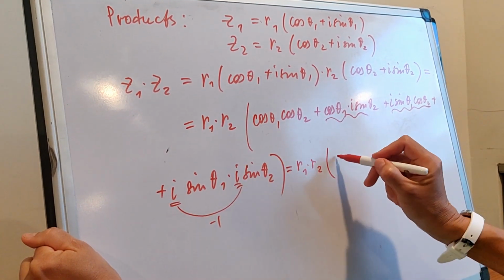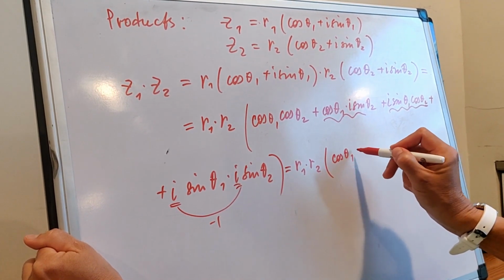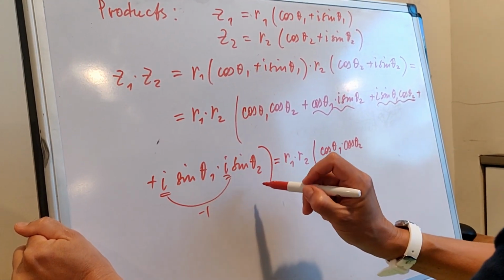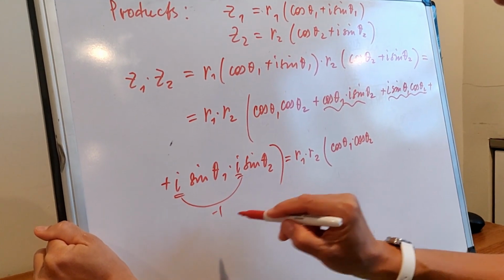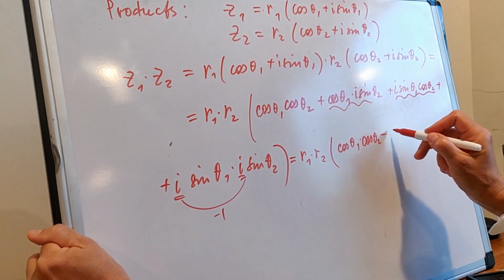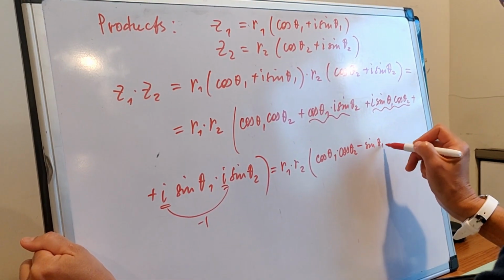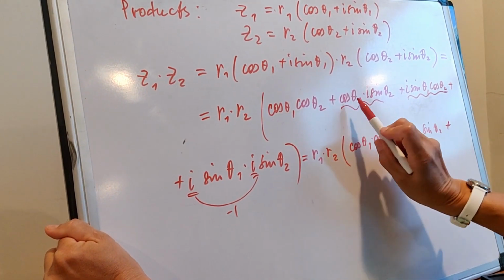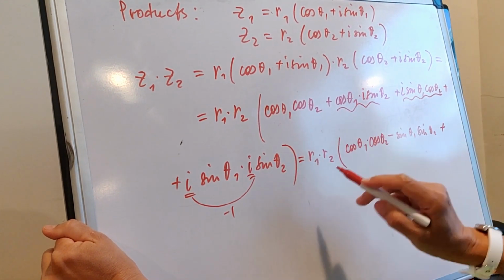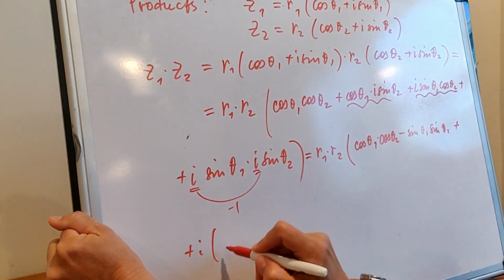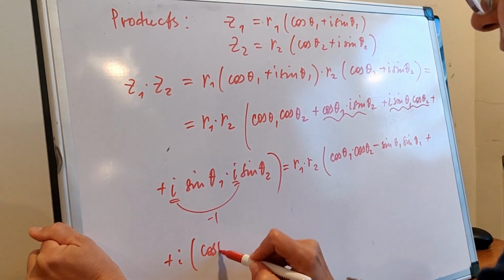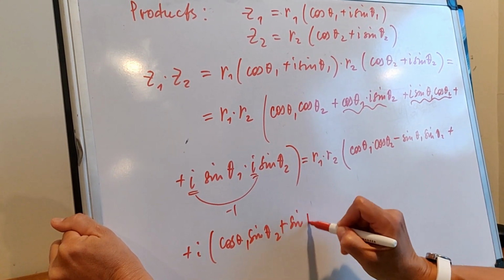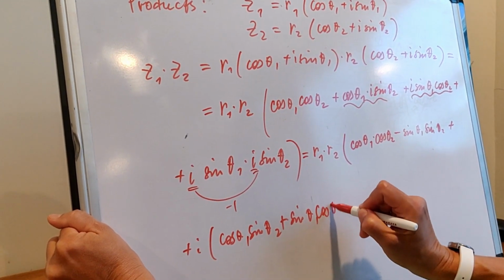So this term does not have i, so it's cosine of theta 1 by cosine of theta 2. This term is not going to have any i squared because two i's are going to combine into minus 1. So it's going to give me minus 1 sine of theta 1 sine of theta 2 plus, and because these two terms do have i, I'm going to take this i outside and have cosine of theta 1 sine of theta 2 plus sine of theta 1 cosine of theta 2.